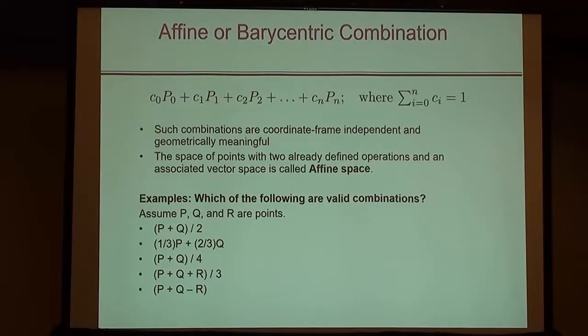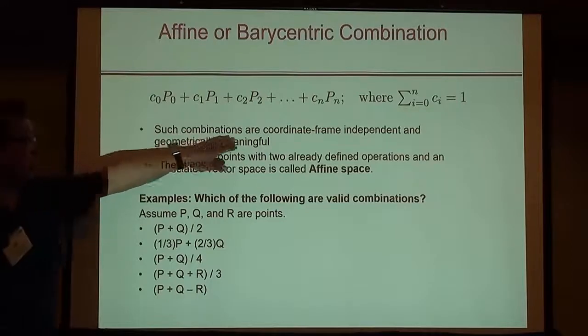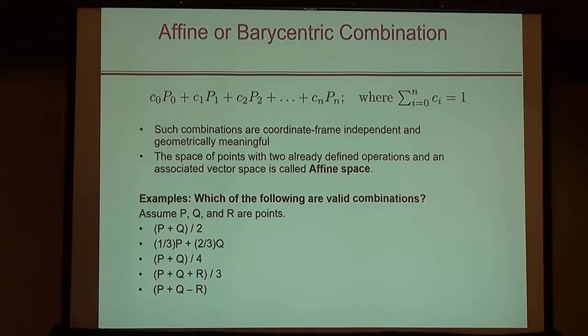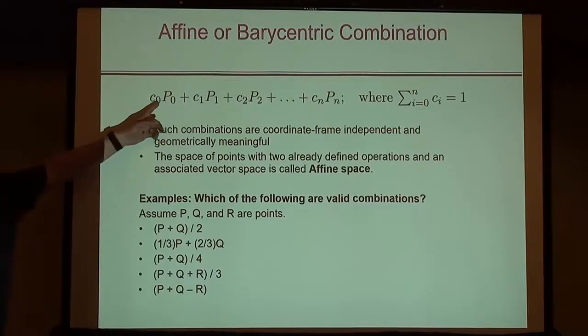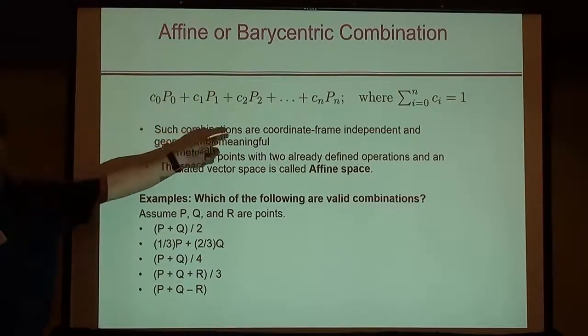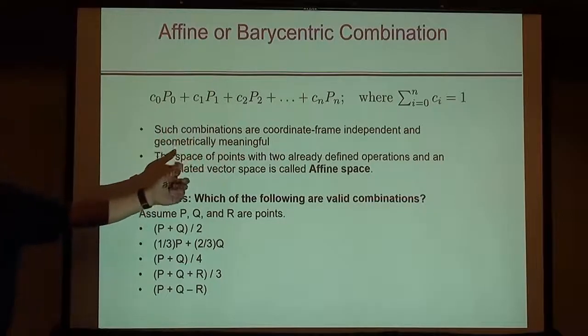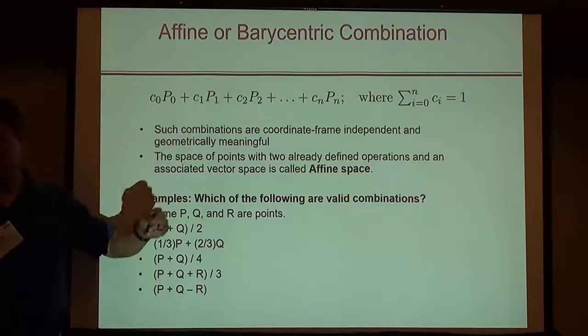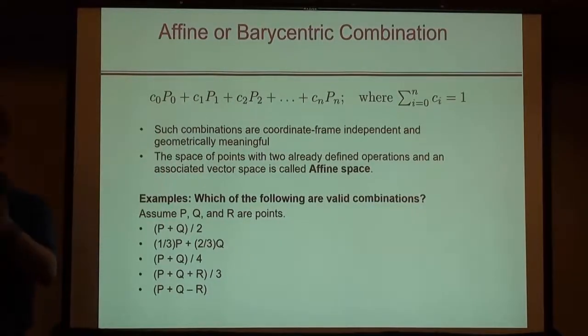Okay. Such combinations are coordinate independent and geometrically meaningful. If you take two of them, let's say two points, P0, P1, the barycentric coordinates between them are essentially C0 plus C1 equal to 1, which is 1 minus t and t that we have used.